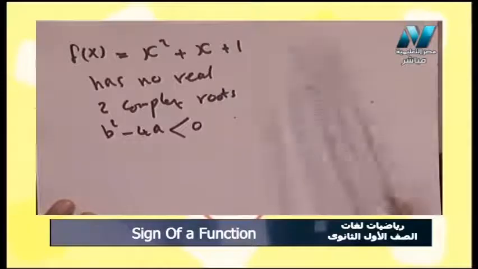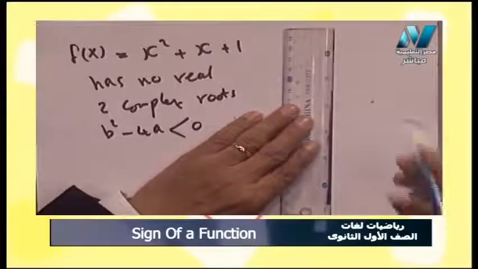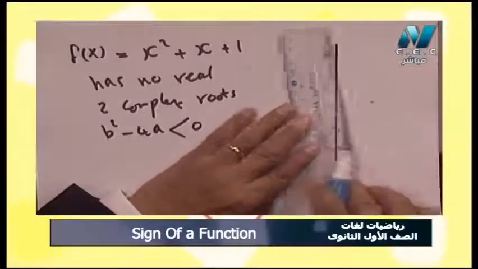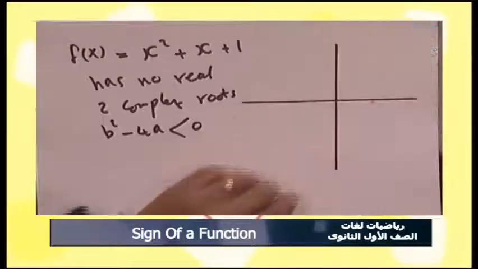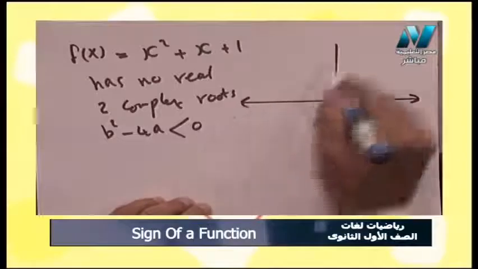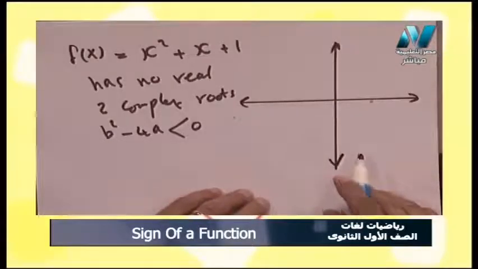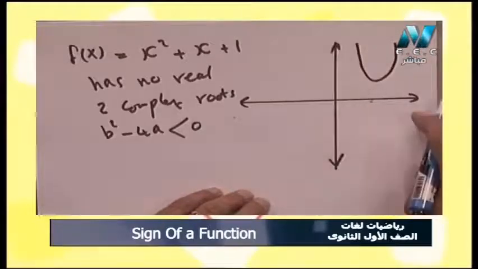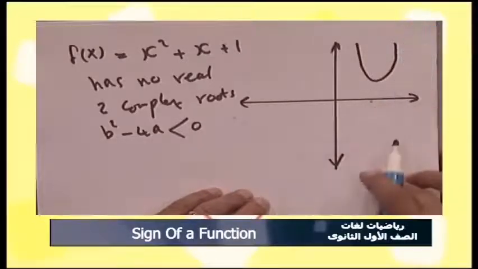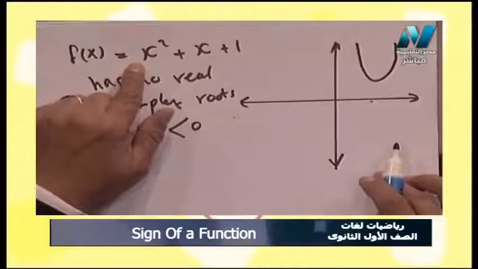So when we graph it like that, we will find that this function lies completely upward of the x-axis, or sometimes downward if the coefficient of x power 2 is negative.